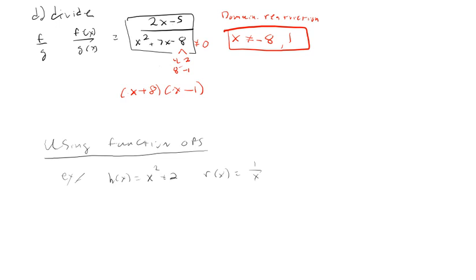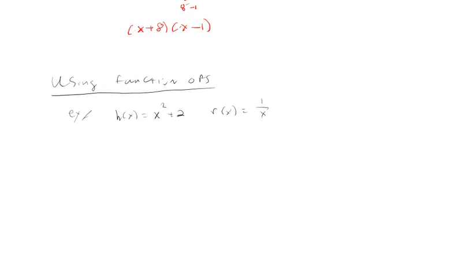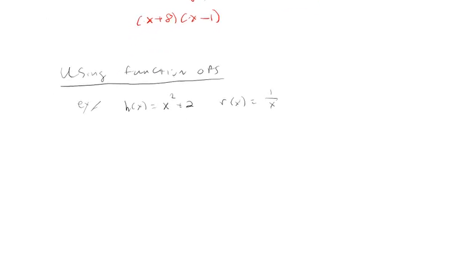Two functions, a little more complicated than before: x squared plus 2 and 1 over x. So how would I combine them? Let's add these. Let's do h plus r of x. How do I add these?